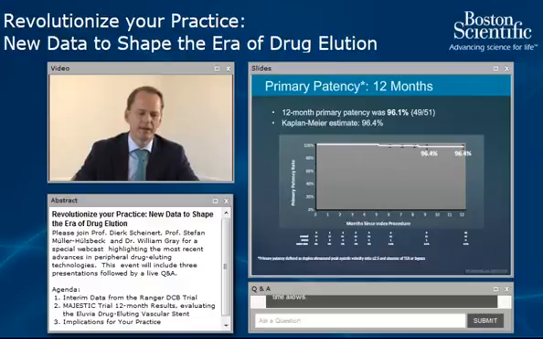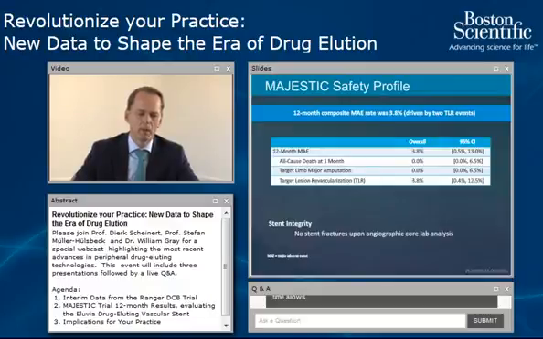The safety profile is as follows. We had a 3.8% 12-month major adverse event rate, and this consisted of no death, no major amputation, but 2 target lesion revascularizations with 3.8%, as you can see here.